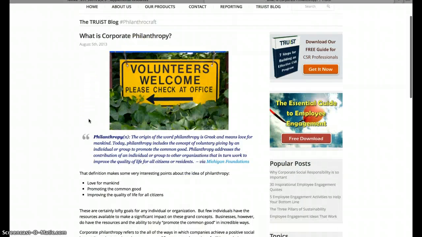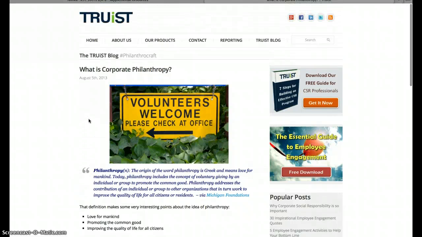This is a website that gives you the differences. One of the main differences is that corporate philanthropy is more about how organizations donate money or donate equipment, whereas with social responsibility, the company looks at society at large and factors that in without just looking at making money and profits.